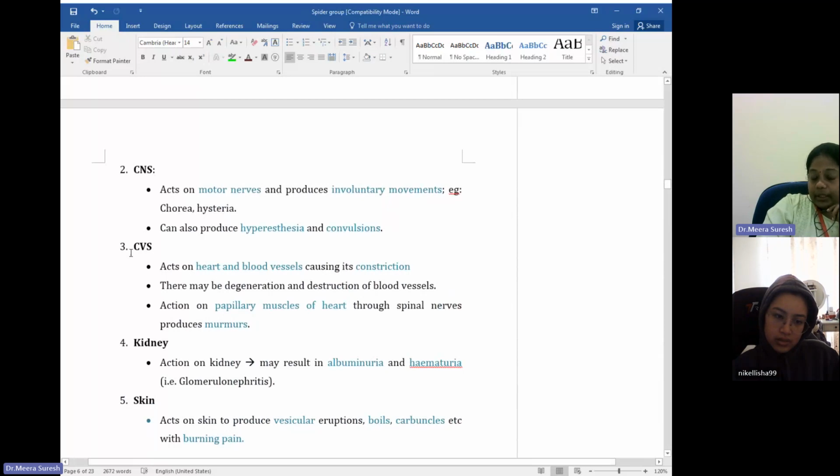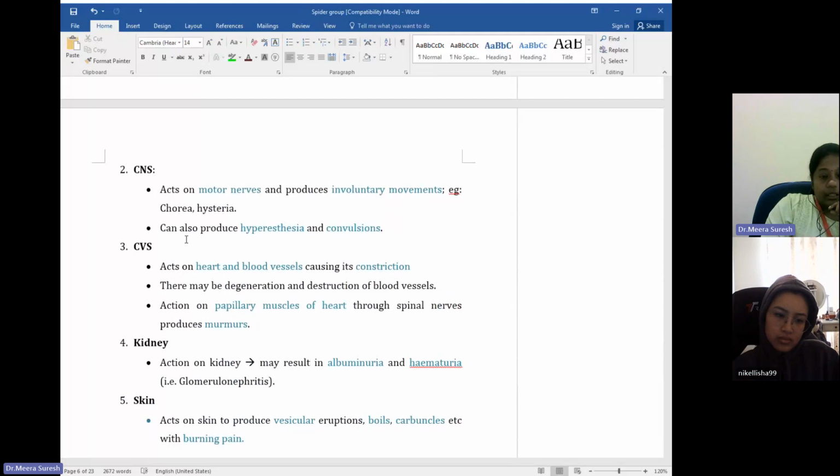A most important remedy in case of CVS will be the spider, which is highly poisonous among the group, and that is Lactodactylus mactans. When we go to the individual drug, we will see that it is very much indicated for the conditions of angina pectoris or the angina, the heart attack, MI pain.